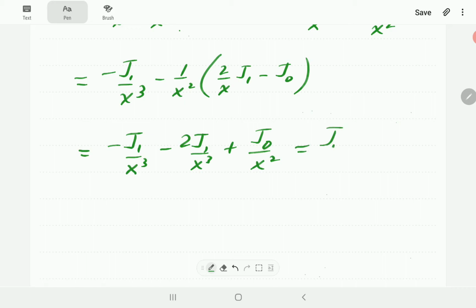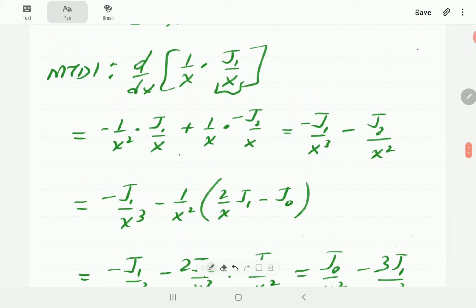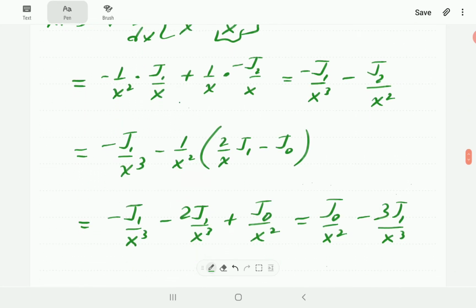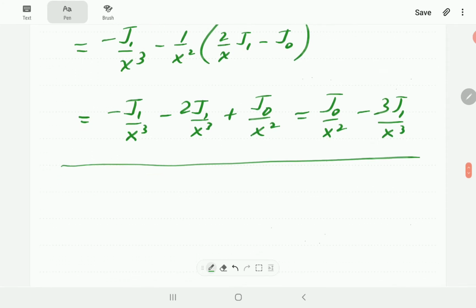So finally, this thing is going to be J0 over x squared minus 3J1 over x cubed. All right, so that is the method using the identity with a negative power.